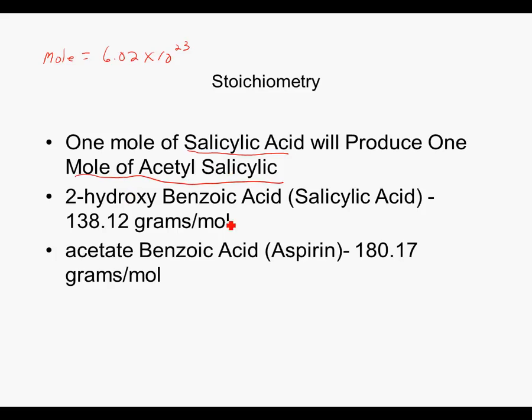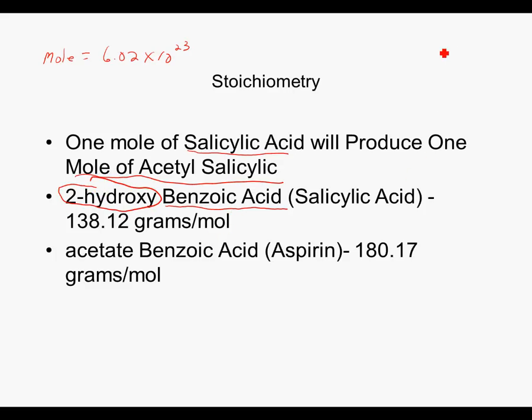Now, the technical name for salicylic acid, just in case you wanted to know: if you recall that you had the benzene ring with a carboxylic acid group on it, we have a nickname for that combination. It's called benzoic acid. But on the benzoic acid, there was an OH group in the second position relative to where the carboxylic acid is.